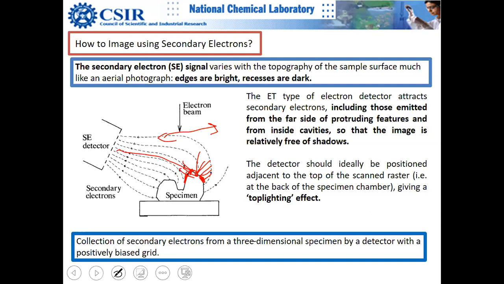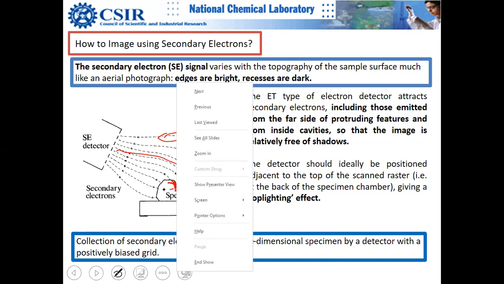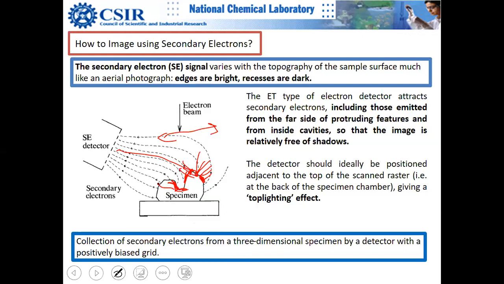So when it moves further down here, you can see that this recess, or this crevice, will look much darker, and these areas which are hidden will also look darker, right? Because secondary electrons cannot escape, because this is quite thick.